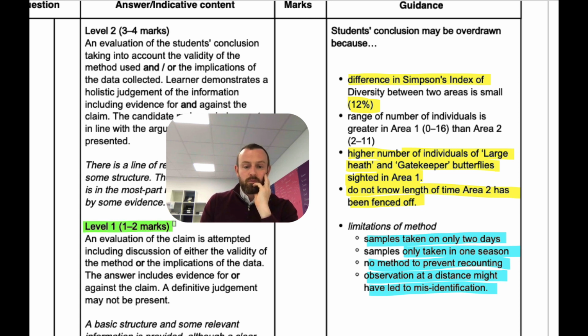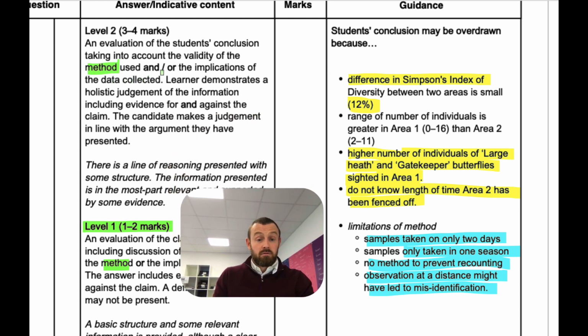Level 1 or 2 is basically some discussion, but you've either talked about the validity of the method or the data. You didn't talk about the method and the data. 3 or 4 marks, you've talked about the method and or the data, and there's some judgment.